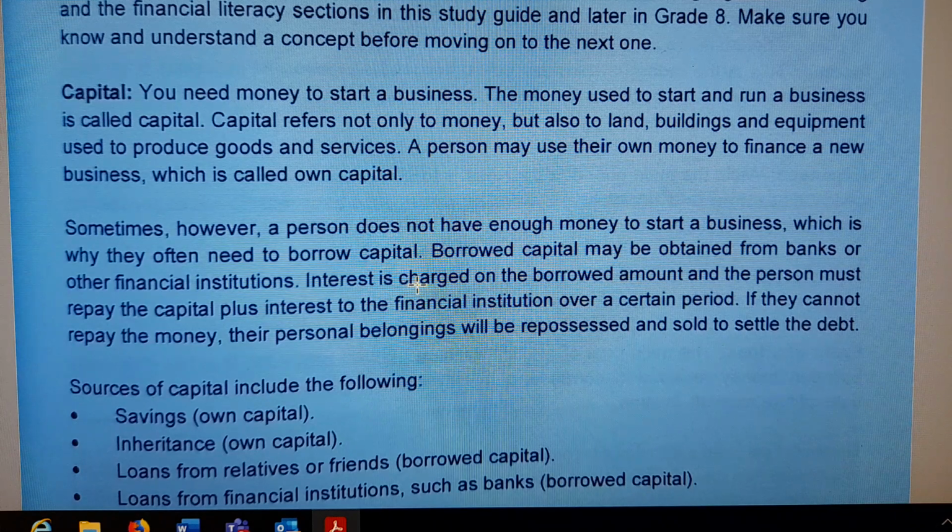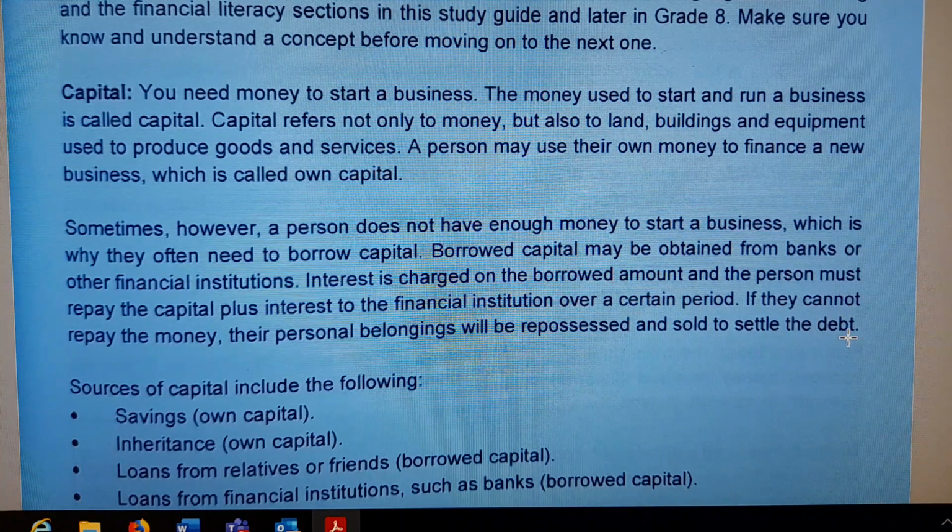Although they gave me 10,000, I need to pay back 12,000 rand, of which the 2,000 rand was for interest. But you will know later how to calculate interest. If the people cannot repay the money, their personal belongings will be repossessed and sold to settle their debt. Debt is the money that you owe the bank.